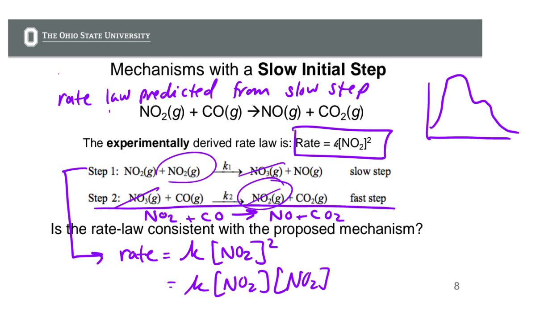But if you're given step 1, step 2, step 3, and it's like, hey, this is the overall mechanism, you know these are elementary. So thinking back to what we've done in the last week and a half, if we didn't know it was an elementary reaction, we cannot use the stoichiometry to get the rate law. That's a special thing for elementary reactions.